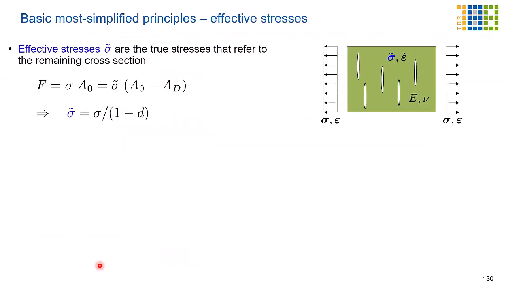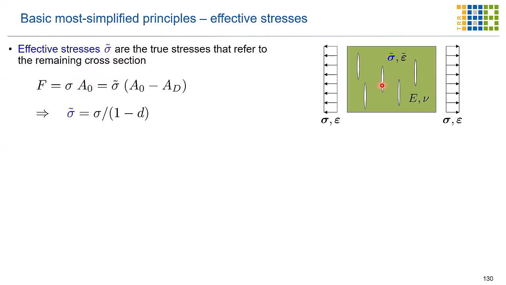One basic concept to interpret damage in terms of mechanical variables is the effective stress concept. If we think that we are pulling a specimen from both sides, left and right, we may measure a force, F, in our testing device. And we relate that force to our stress sigma by a reference area A0.